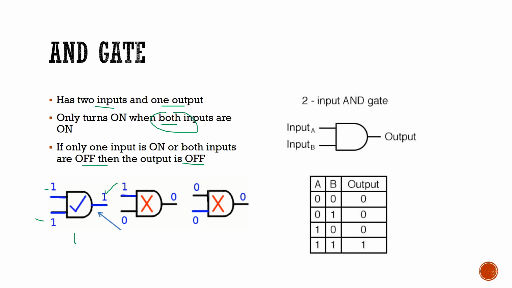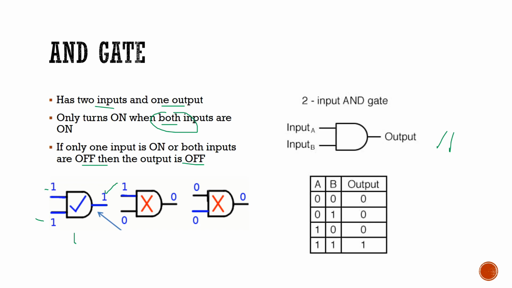This is the symbol here, and note the difference between the symbol of an AND gate and an OR gate. And here we have the truth table, where if both inputs are off, the output is off.